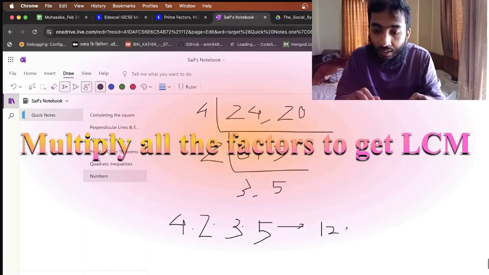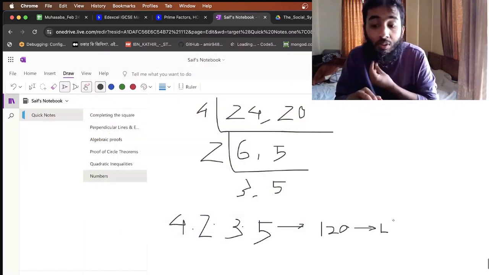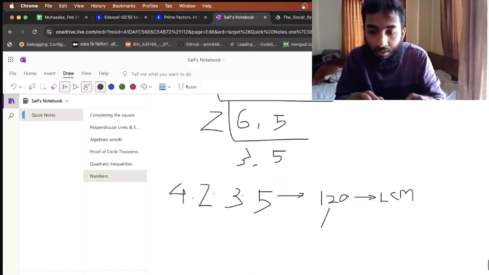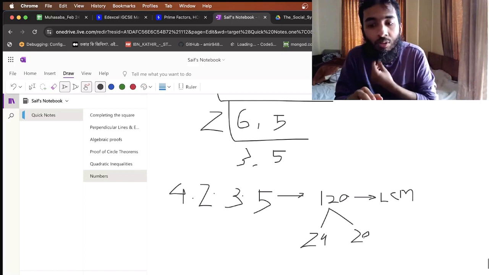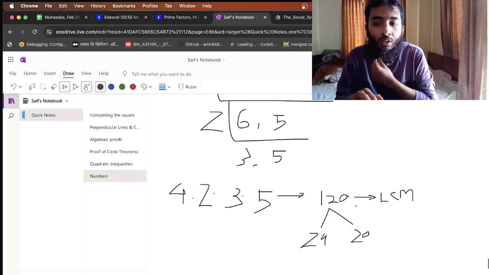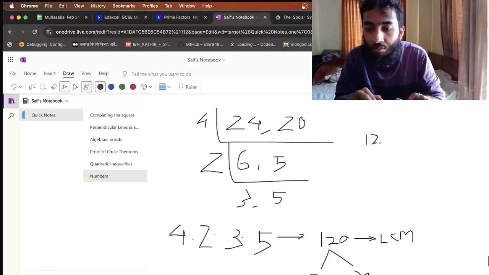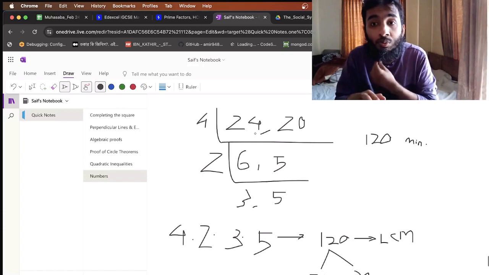So 120 is the lowest common multiple between the numbers 24 and 20. There is no lower common multiple of 24 and 20 other than 120. That means 120 minutes is the minimum required for the buses of the two places to meet at the same time.